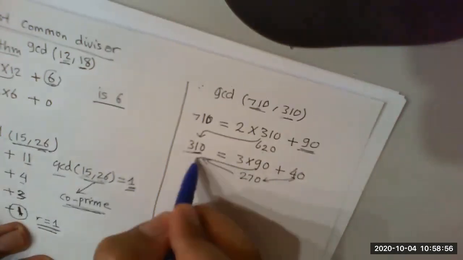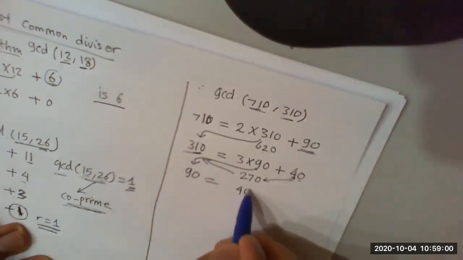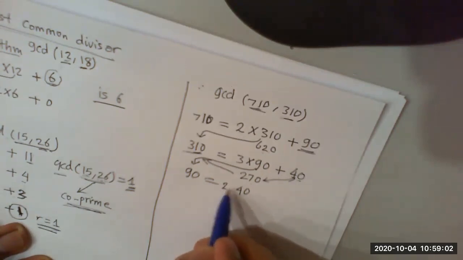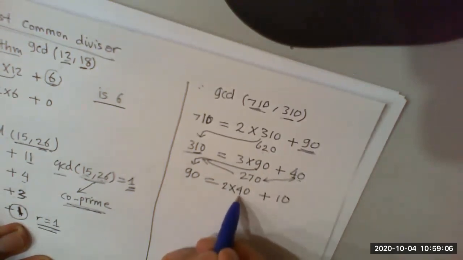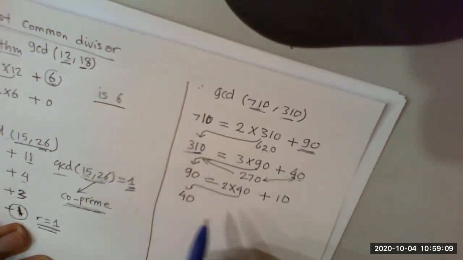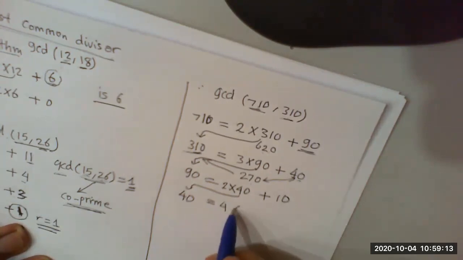So I get 90 the same way. 90 is how many of 40? This is very straightforward because it is 2 by 40 equals 80, plus 10. I get 40 here, and 40 is how many of 10? It is 4 multiplied by 10 plus 0.